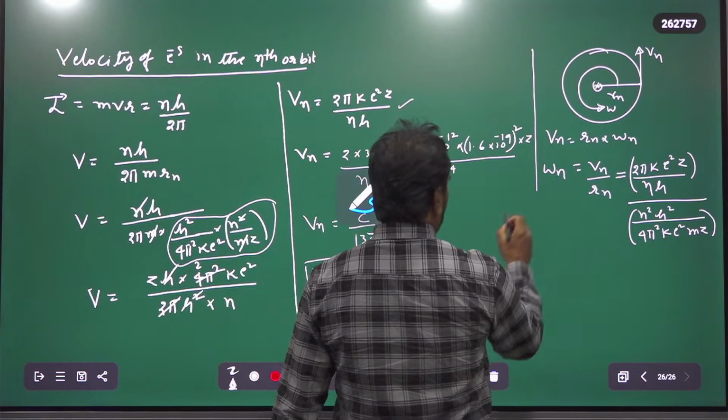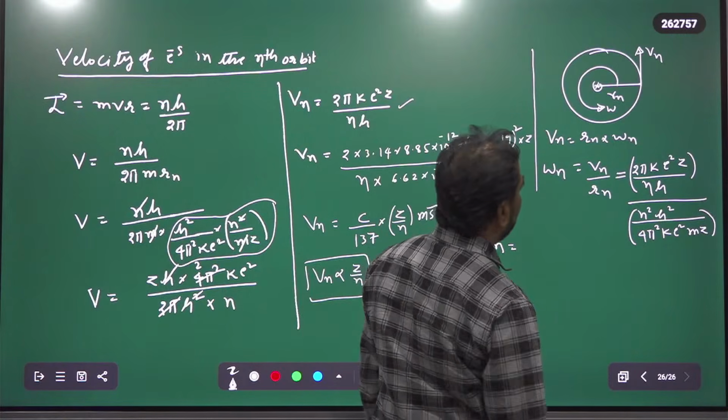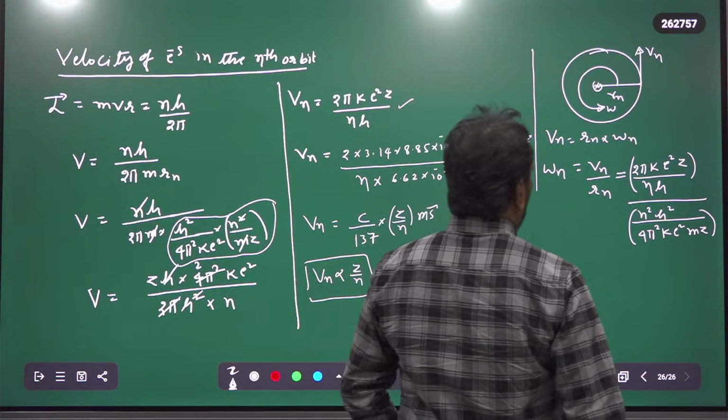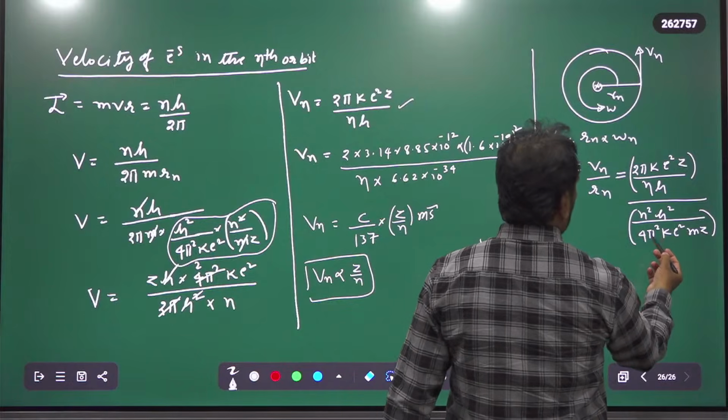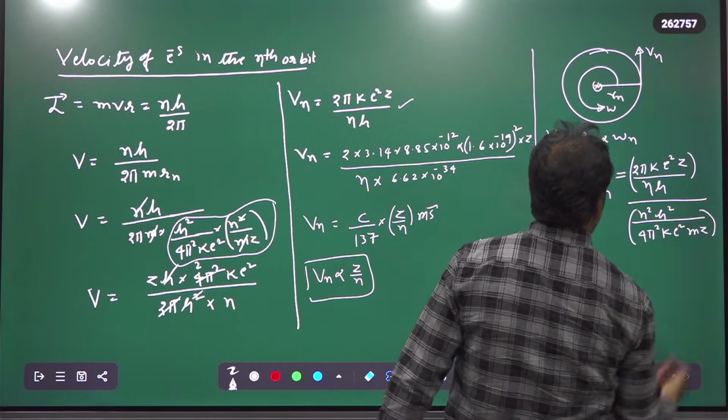Omega n is given by omega n is equal to 4 pi square k square e square z into mz in the numerator.